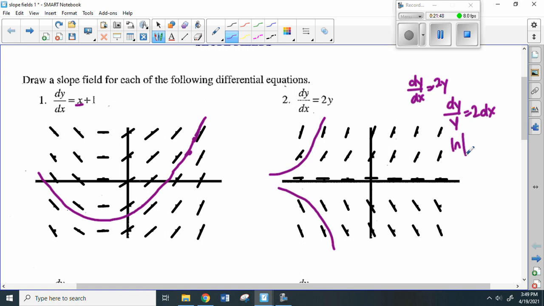When you integrate, you get the natural log, but when you go to solve for y, you get an exponential function, because that's how you get rid of logs. Depending on what c is, this does look more like an exponential function. If for some reason c was negative, then you would get these down here at the bottom.